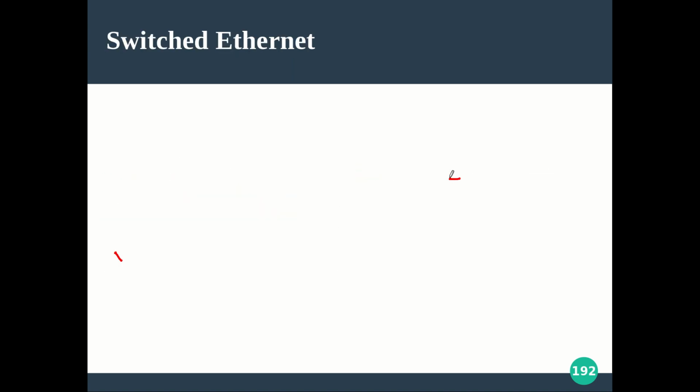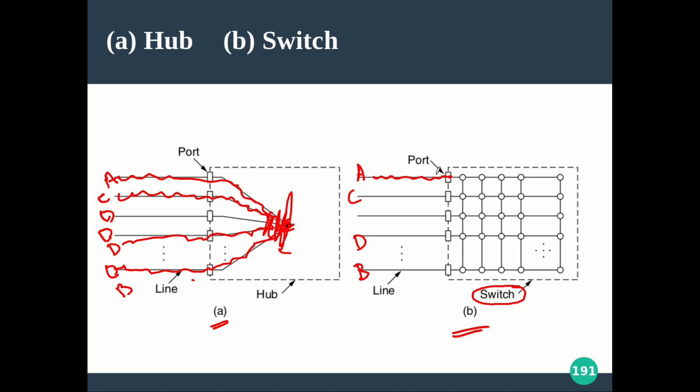From this port it will be switched to this path. It can choose any path like this. For example, for the time being it is taking a path like this, and finally it is moving to B. And if C and D are coming, it can be given a different path. That is the idea. It can come over like this and it can use this.